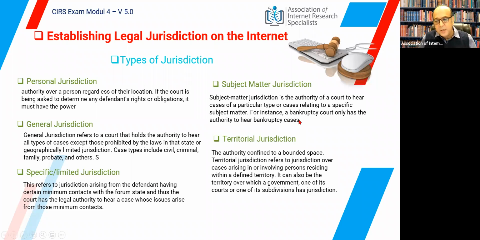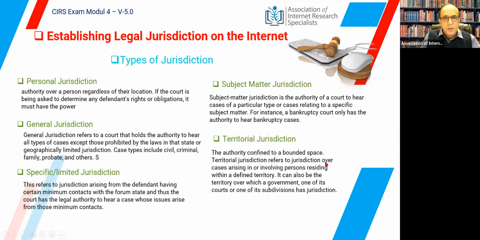Subject matter jurisdiction has to do with bankruptcy or specialized courts. Small claim courts are also subject matter. But it is not the same as the general jurisdiction. General is everything. Subject matter is specialized, like bankruptcy courts can be different, may also not be in the same building, but will be part of the same court system. So it is a subject matter jurisdiction.